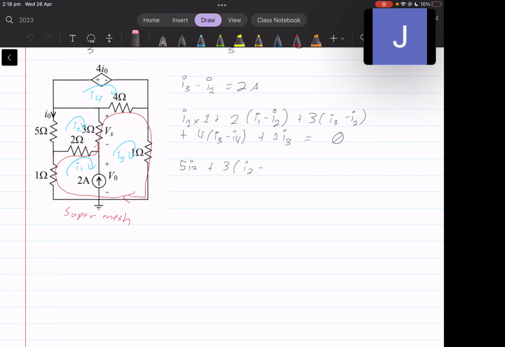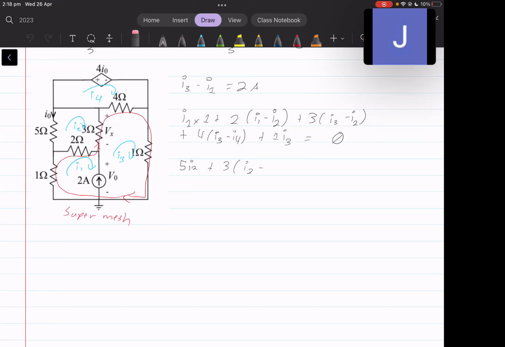It depends on how you define the current flow. Yes, so if you're doing the I2 mesh, if you're doing plus I3 plus 3 I2 minus I3, then in that case, you do negative there. Yeah, 3 minus I2. Yes, so wouldn't there be a sign change now, either in I2 or in this mesh?